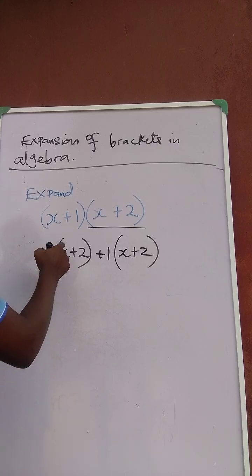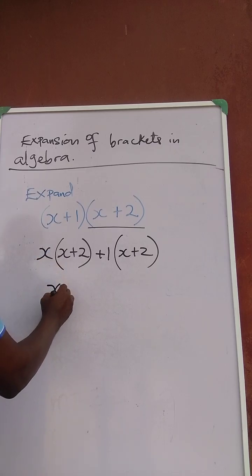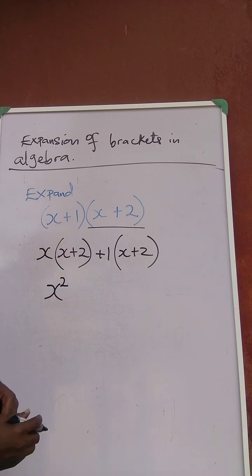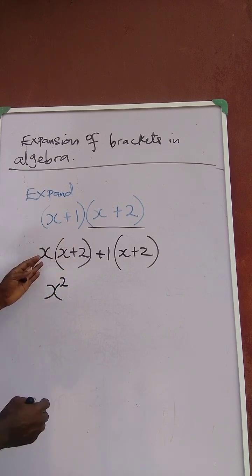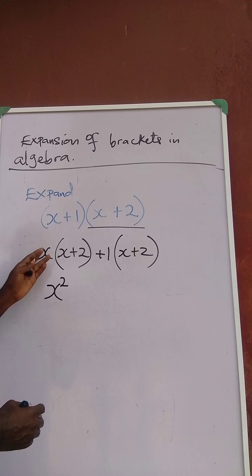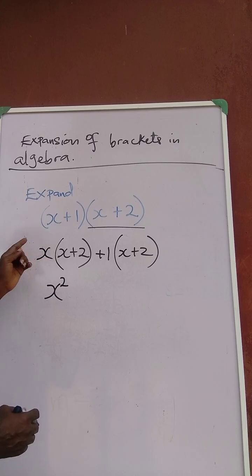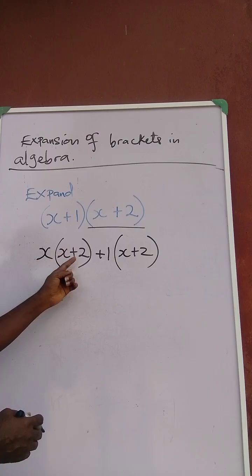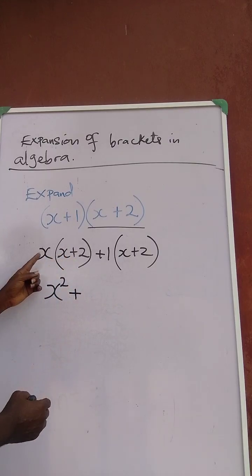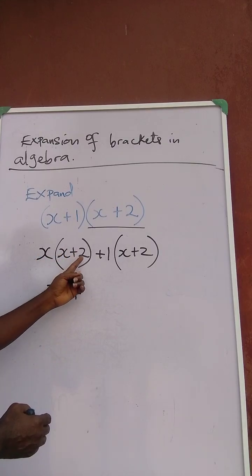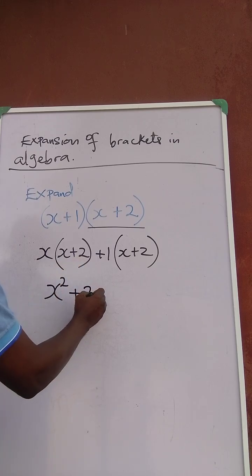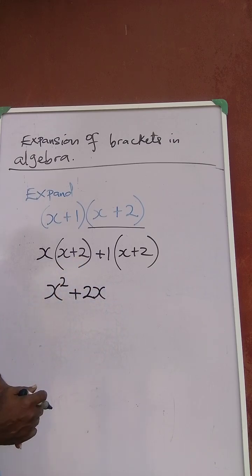So x multiplied by x will give us what? x squared, or x to the power of 2. Then we go again. This x has an invisible plus here. Plus times plus, we get plus. Now, x multiplied by 2, we get 2x.